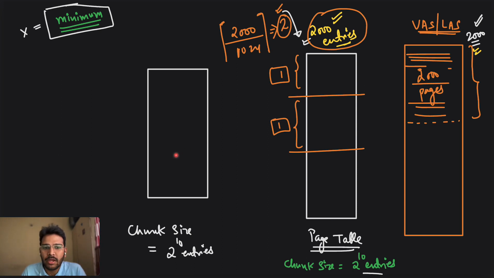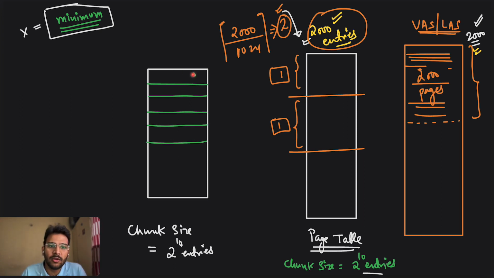Is this clear? Now we know at the outermost level, every entry points to one chunk of the next level. So this entry will point to one chunk of this level. This entry will point to one chunk at this level, right? And we are only worried about these two chunks because we are not worrying about any other chunk, as we are just dealing with these 2000 entries, which are pointing to 2000 pages in the main memory frame, right?